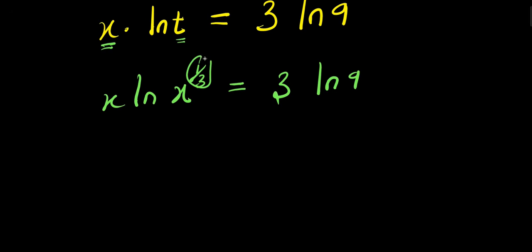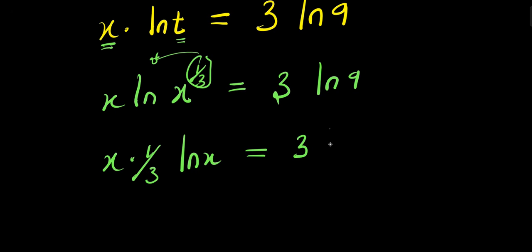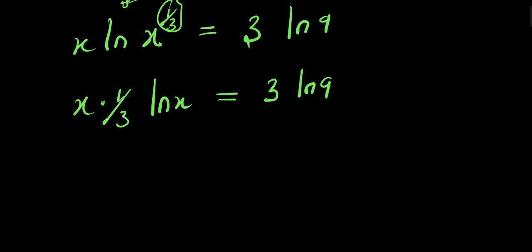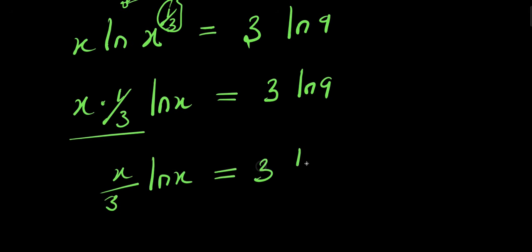So the 1 over 3 here will come in front. We have x times 1 over 3 times natural log of x equals 3 times natural log of 9. Multiplying this, we have x over 3 of natural log of x equals 3 times natural log of 9.